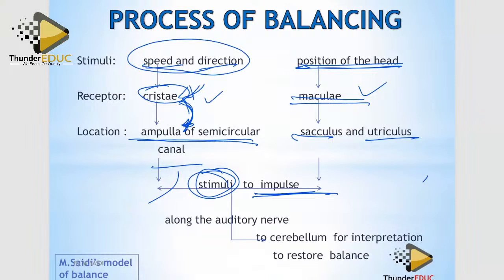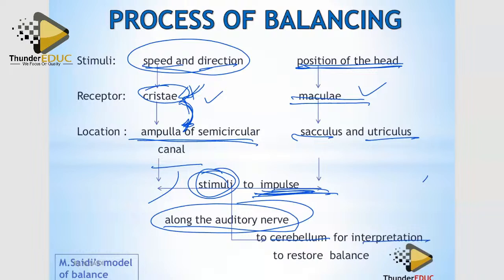The stimuli is converted into a nerve impulse, which is moved along the auditory nerve. Where? To the cerebellum. For what? For interpretation. So what? To restore balance. Simple.